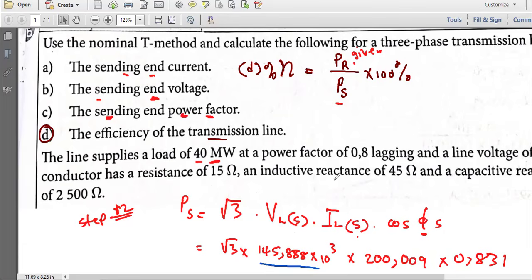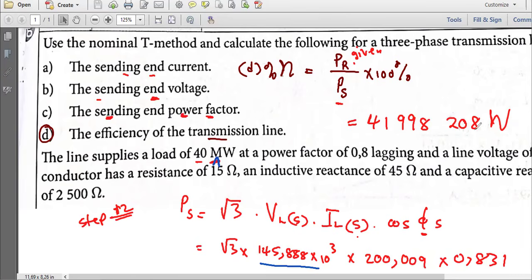It gives us a value of 41 million, 998,208 watts. We can convert this to megawatts, which is times 10 to the exponent of 6.